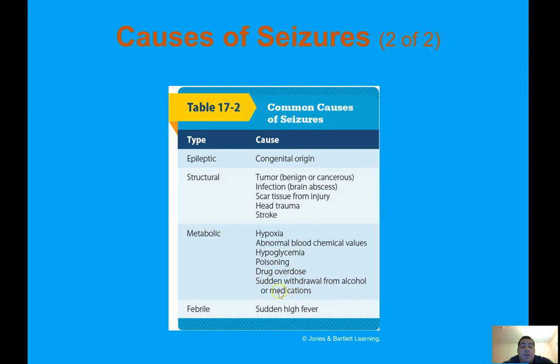So delirium tremens, you guys will learn about a little later on, and that's a severe sudden withdrawal from alcohol or medications that can cause seizures. And then structural: if you have a tumor in the brain, it could be pushing down on some parts of your brain and cause seizures, and head traumas, strokes.